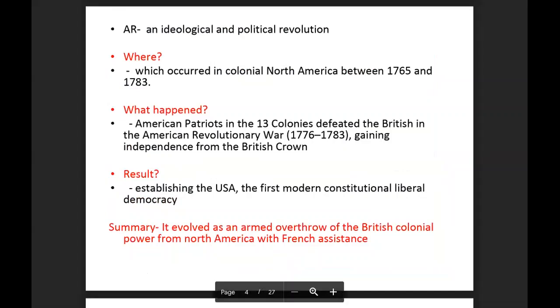The American Revolution is an ideological and political revolution. I'm telling you, ideological and political revolution. If you remember, we were talking about the Enlightenment period, and I told you we'll be talking about a few thinkers like John Locke, Rousseau, Voltaire. These people got enlightened, or got some ideological information.